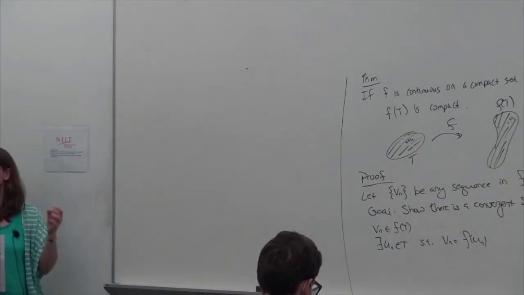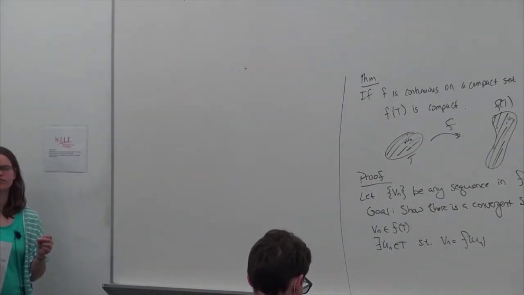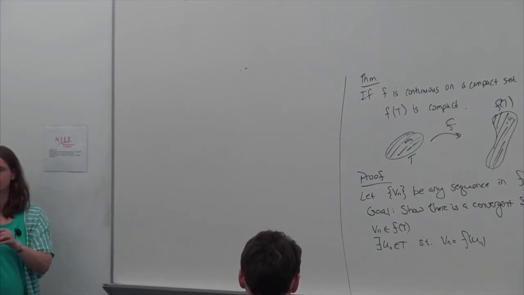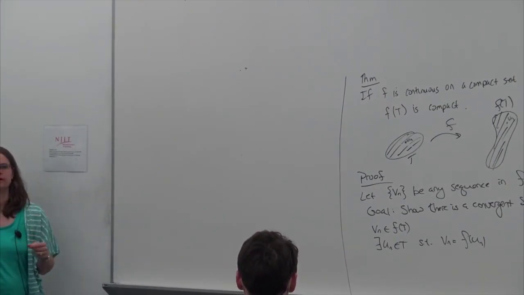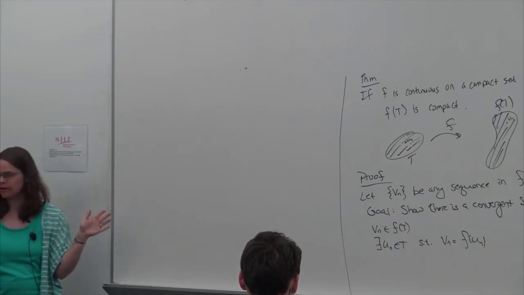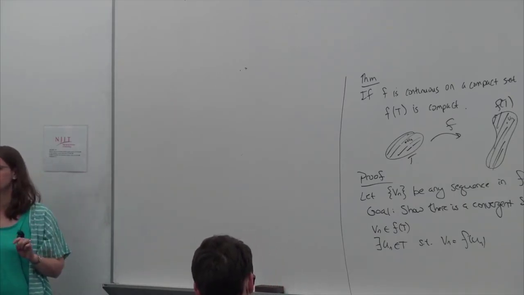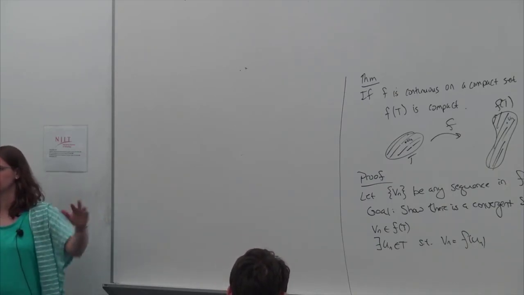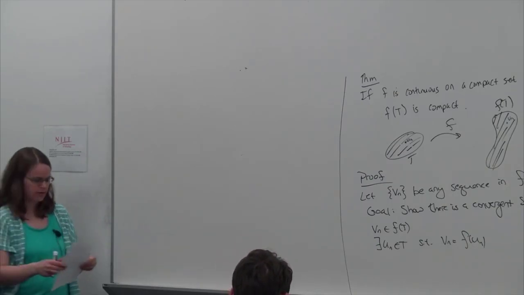The tolerance, this delta, stays the same. So our usual definition of continuity says, let's check continuity at u naught. Given a u naught, given an epsilon, I can find a delta. Uniform continuity says, I don't care which u naught you give me. Anywhere on this set, you give me an epsilon, I give you a delta, and you can use that delta anywhere on this set. That's uniform continuity.